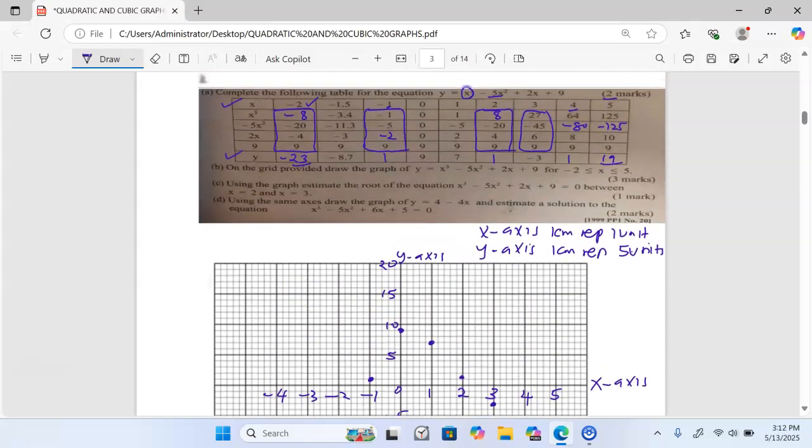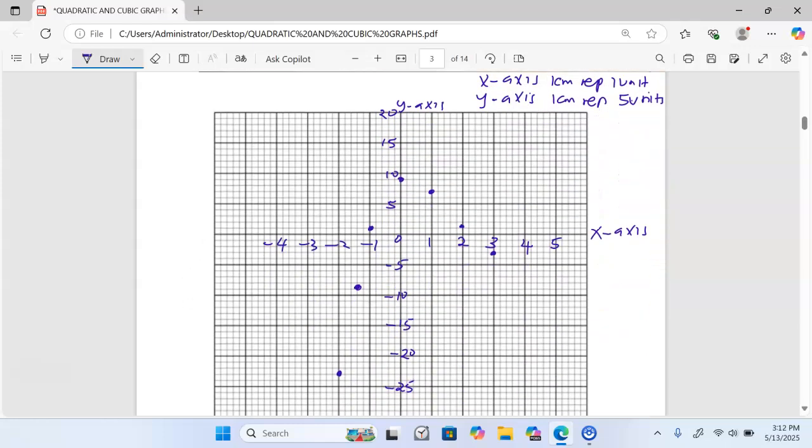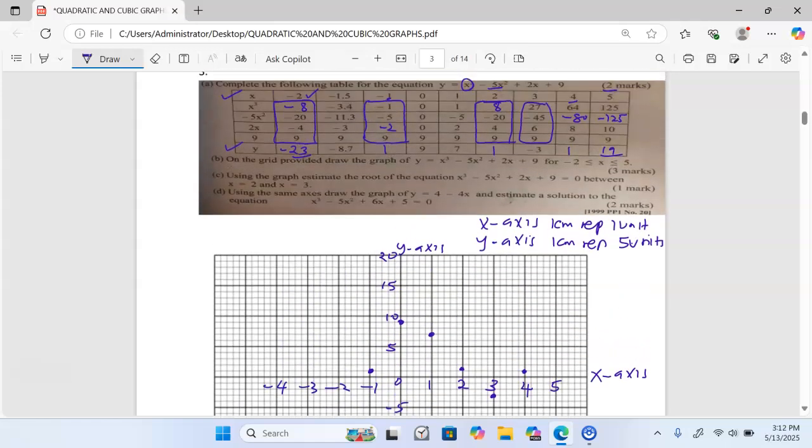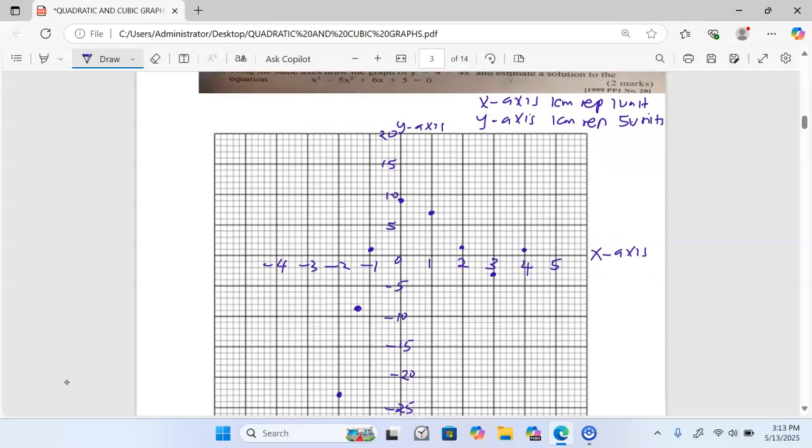And when x is +4, y is 1. +4, y is 1 at this point. And when x is +5, y is 19. +5, y is 19. 19 is at this point here.